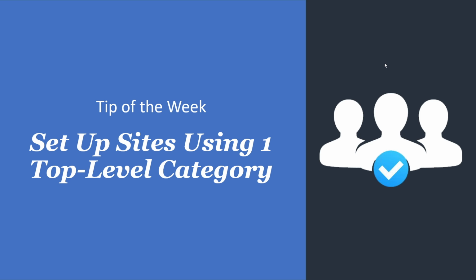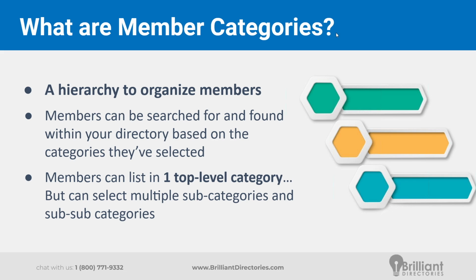So if we dive right on into the first slide here, starting at ground level, just briefly covering what member categories are. Essentially, it's a hierarchy to organize your members within your directory. So members can be searched for and found within your directory based on the categories that you've set up in the back end and that they've selected from within their account.